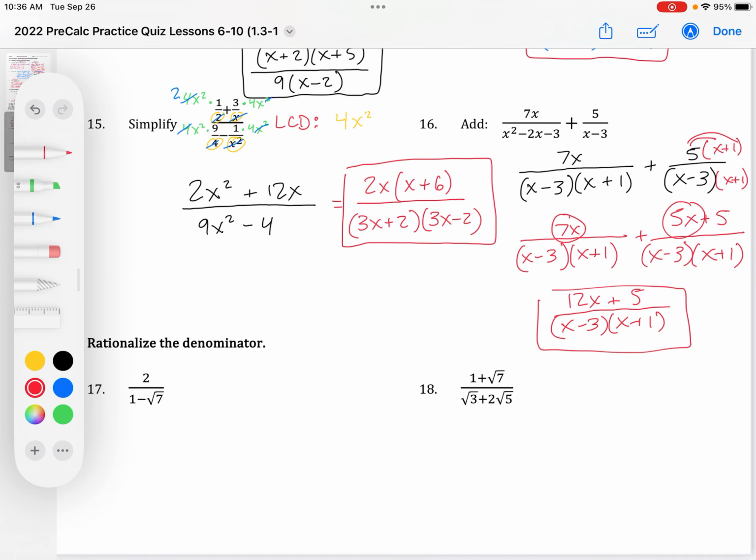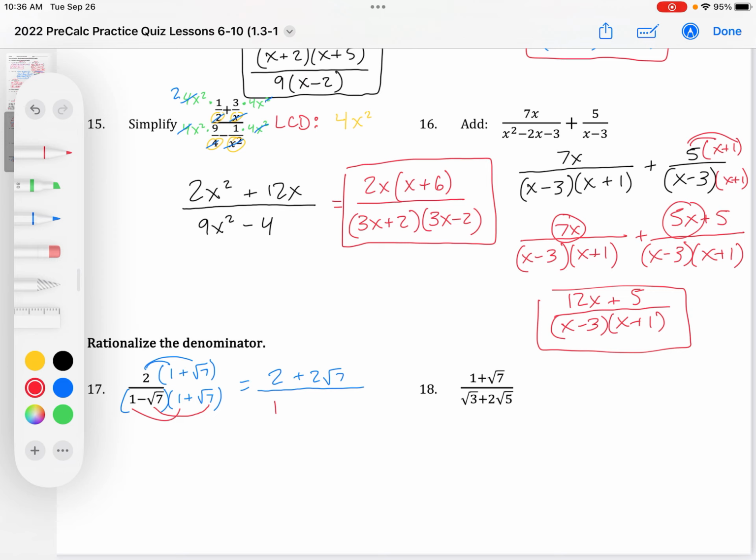All right, and last but not least, we're going to rationalize these denominators. So in number 17, we're going to multiply by 1 plus root 7 in the top and the bottom. That's the conjugate of the denominator. So in the numerator, always distribute. You get 2 plus 2 root 7. And in the bottom, you can just multiply your firsts together. 1 times 1 is 1. And then your lasts together.